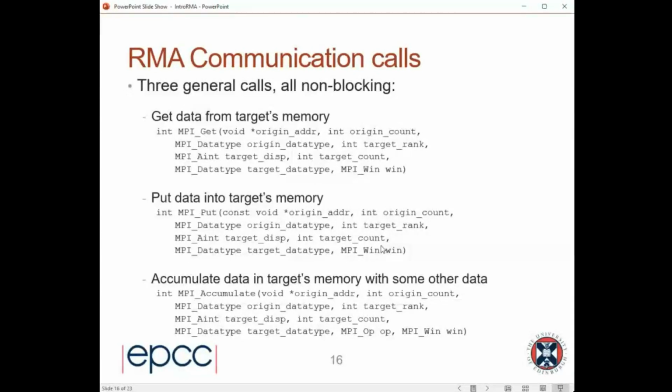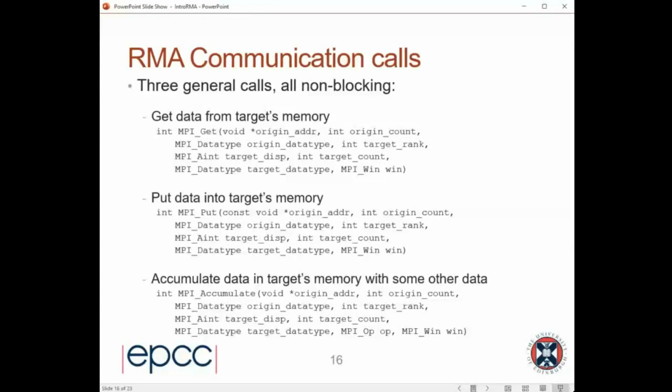Now, sometimes you might want to add a number. You might have a shared counter you want to increment. If you do a get, then a put, that's not guaranteed to work. Remember, if you do MPI get to get the value, add 1 to it, and then MPI put to put the value, those are non-blocking, so they could actually happen out of order.